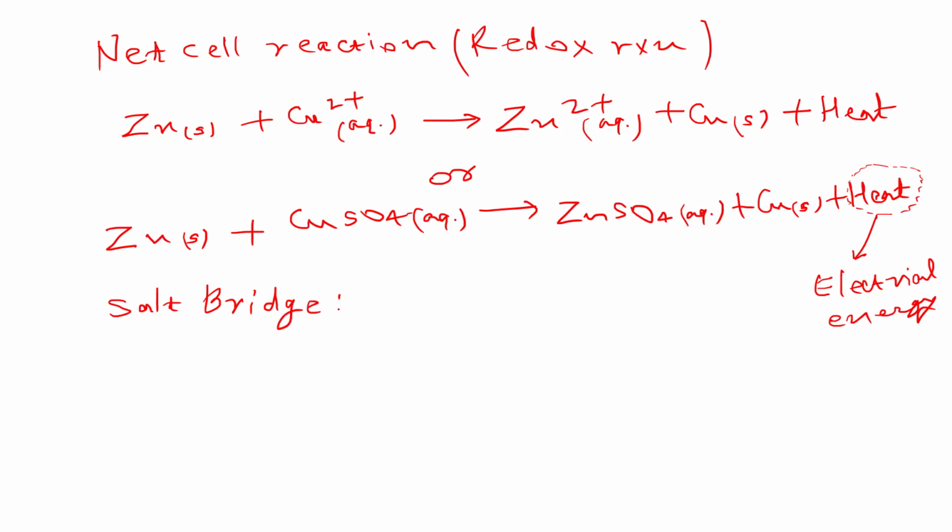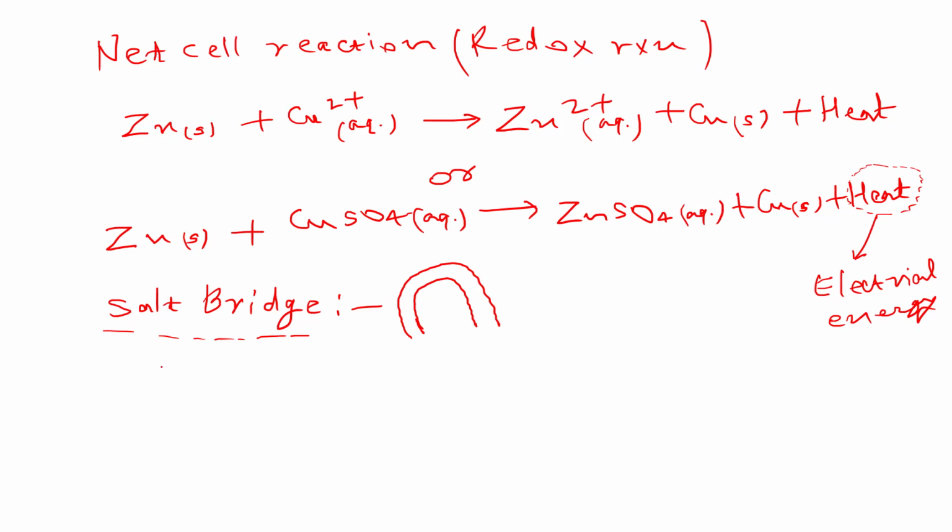Can you say what the salt bridge is that we are using in an electrochemical cell? So it is basically a connection which is placed in order to neutralize the excess negative or positive charge. Okay, great. So for making this salt bridge, we are using an inverted U-shaped tube, and in this inverted U-shaped tube we are filling a paste of inert electrolyte with agar agar or any other inert material.